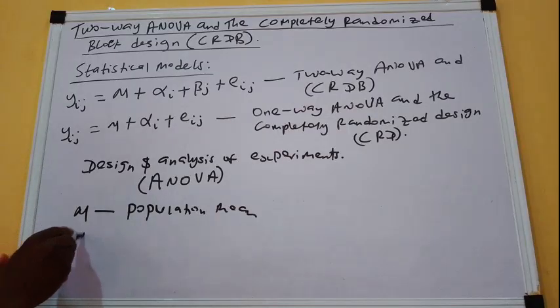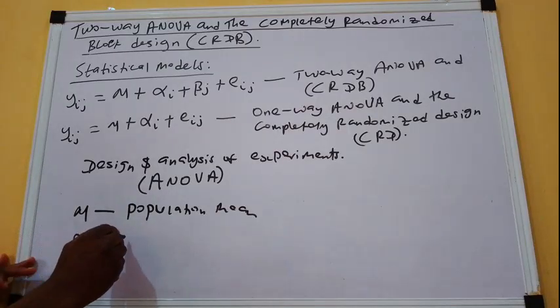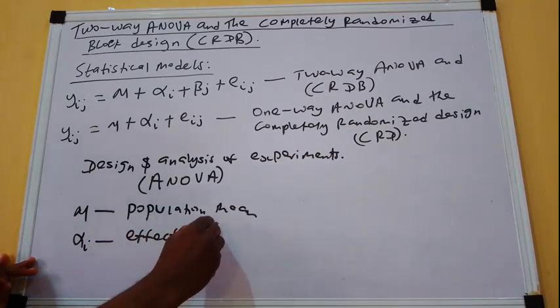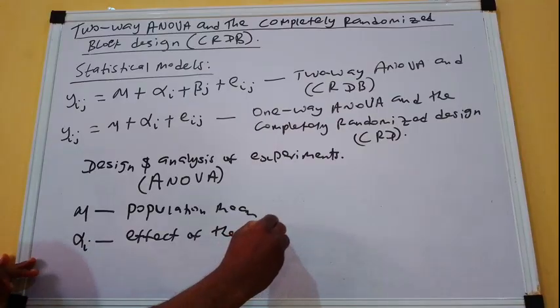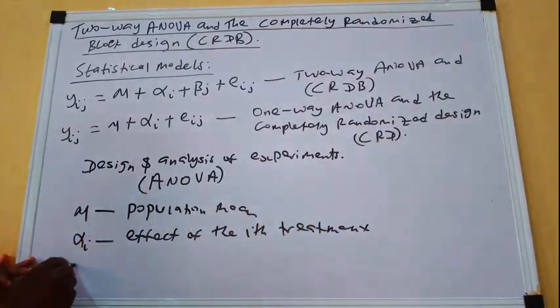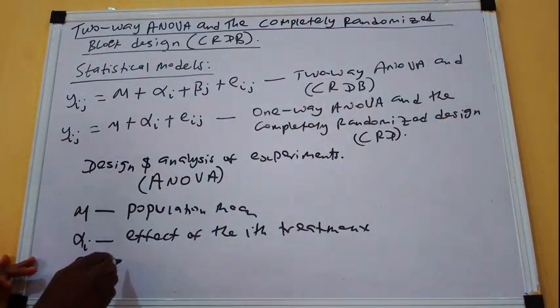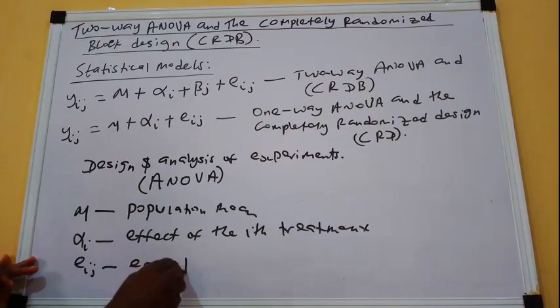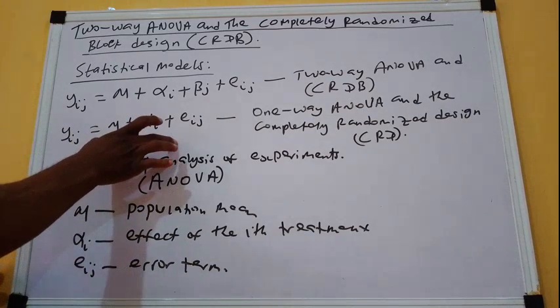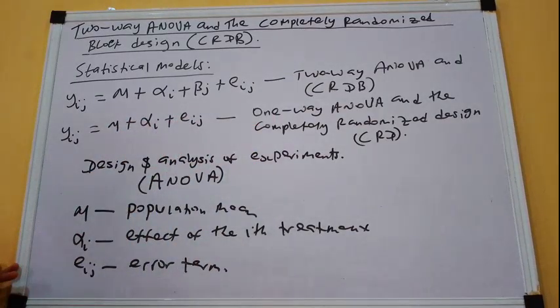Then this alpha i means the effect of the ith treatment. Then the e_ij means the error term. Now we are looking at this statistical model for the one-way. We treated one-way last week.